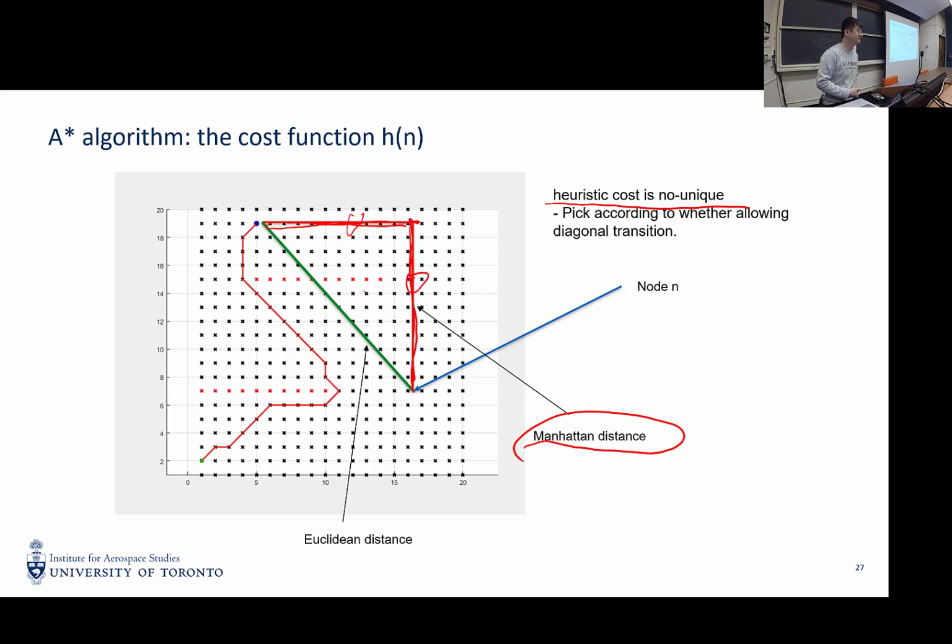Euclidean distance is straightforward. It's just the distance from your goal location to the current node. You need to pick one based on the traverse pattern. If you can traverse diagonally from one grid point to another, you need to use the Euclidean. Otherwise, you need to use the Manhattan distance.